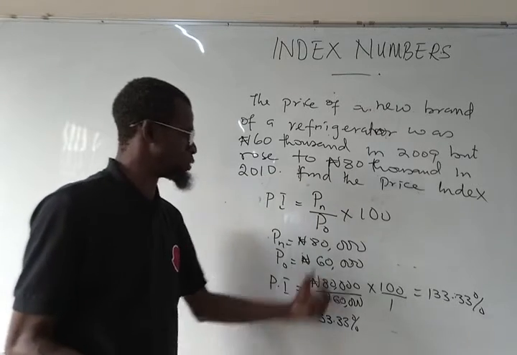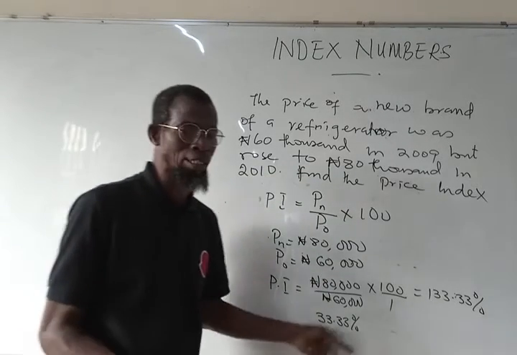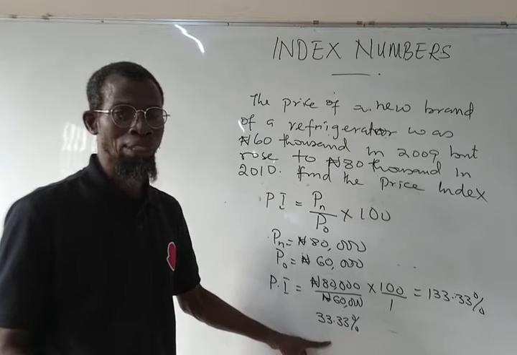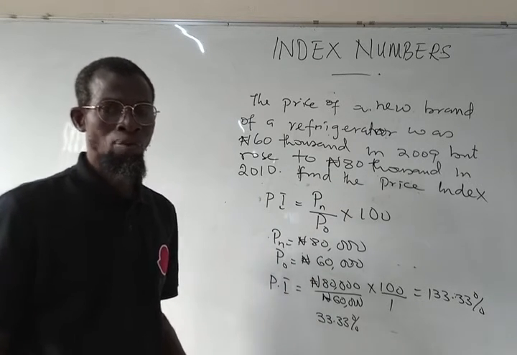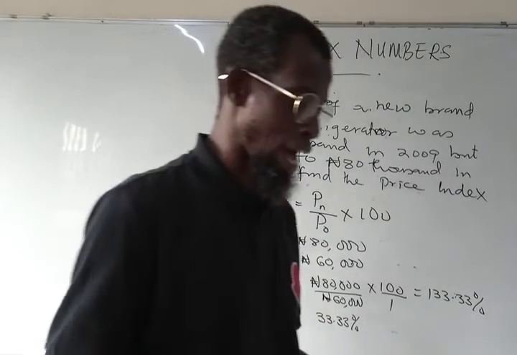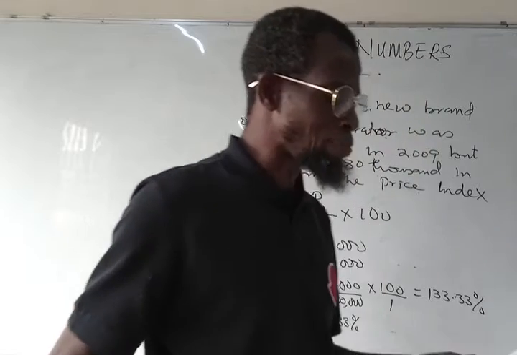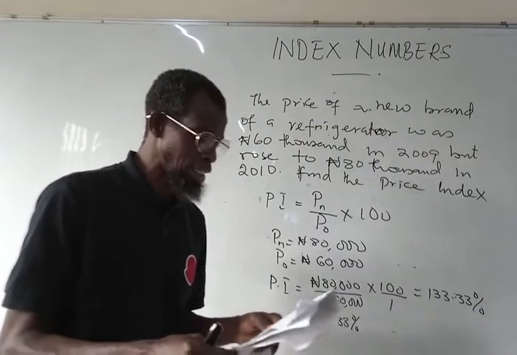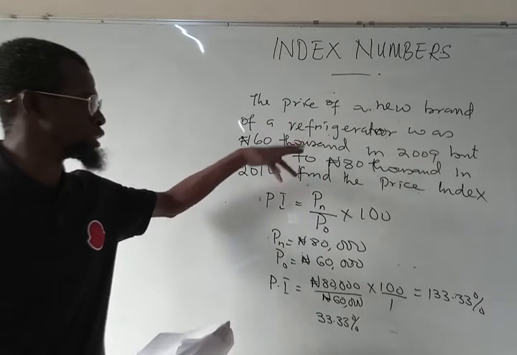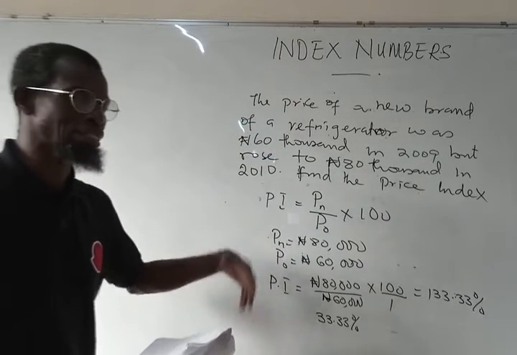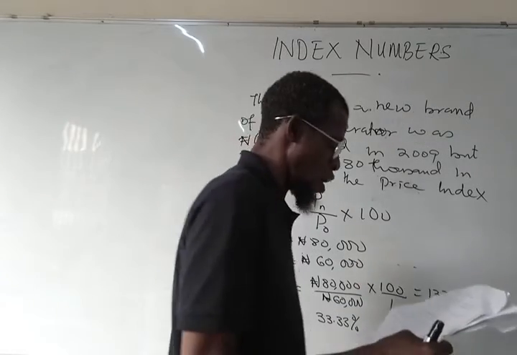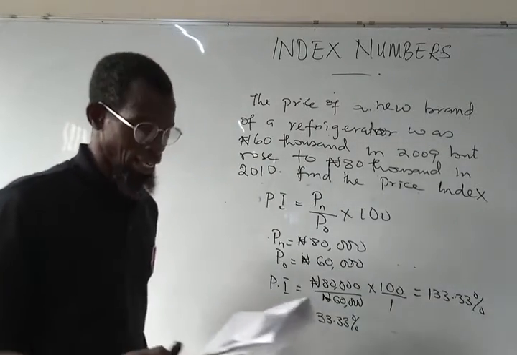That is, the difference between their prices is that the regulator now is a 33% increase when you compare it to that of 2009. And I made mention that this can also be demonstrated in terms of our price.